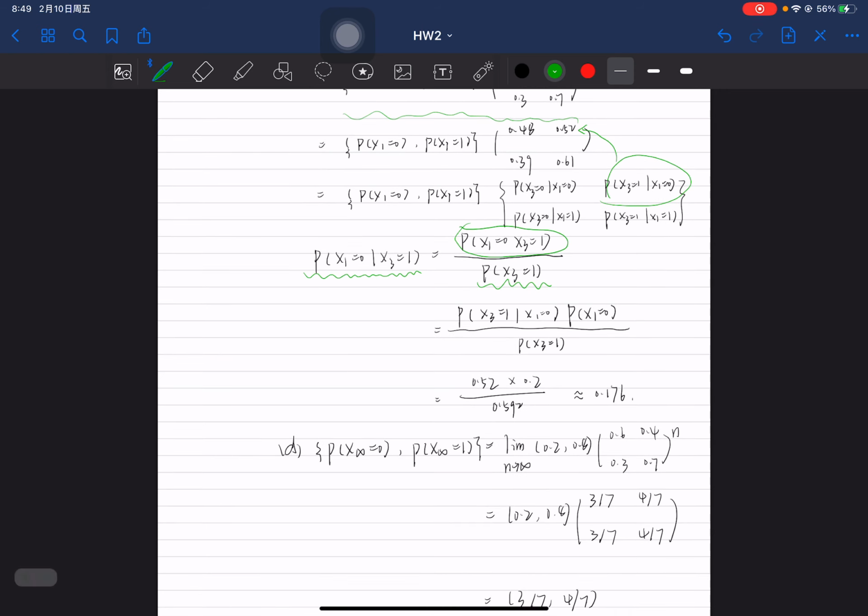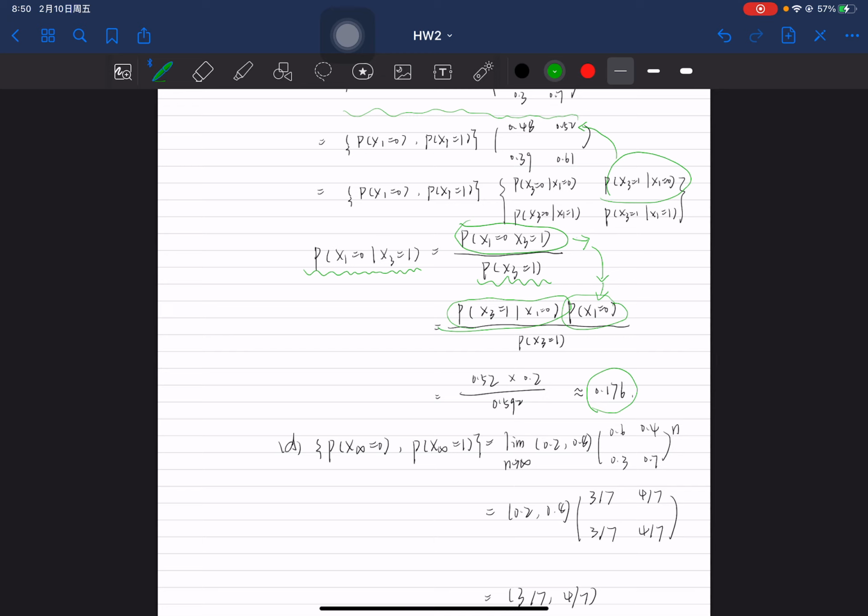The probability of x1 equals 0 and x3 equals 1 both occurred is the conditional probability of x3 equals 1, assuming x1 equals 0, times the probability of x1 equals 0, so that the conditional probability of x1 equals 0, assuming x3 equals 1, approximately equals 0.176.